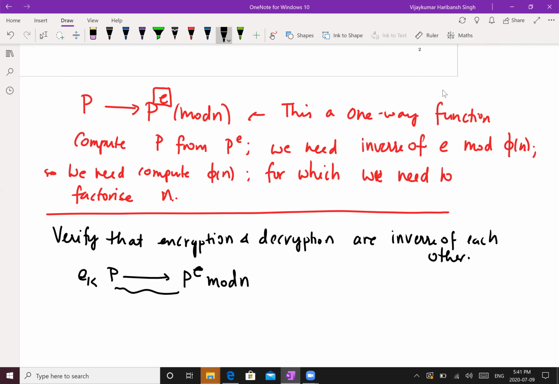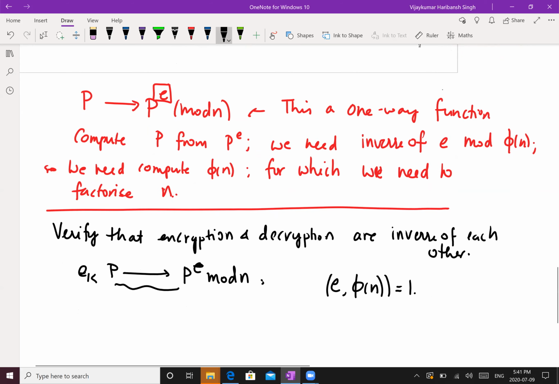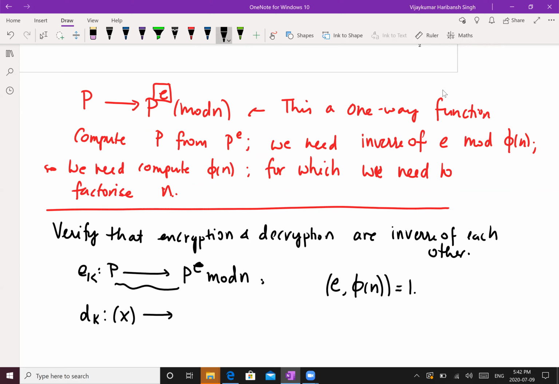So P to the power E, where you have chosen E in a way that E and phi of n are relatively prime, right? Similarly, we have D, which I'm choosing to call dk, where the function sends anything, say x, to x to the power d mod n.